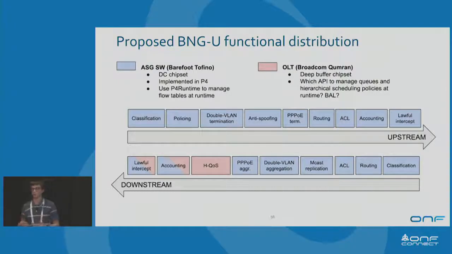That is because the Broadcom Qumran chipset has deeper buffers and can easily implement HQS, while with the aggregation switch with the Barefoot Tofino, we can implement most of the functionality of the BNG-U, the blue box that you can see in this slide.